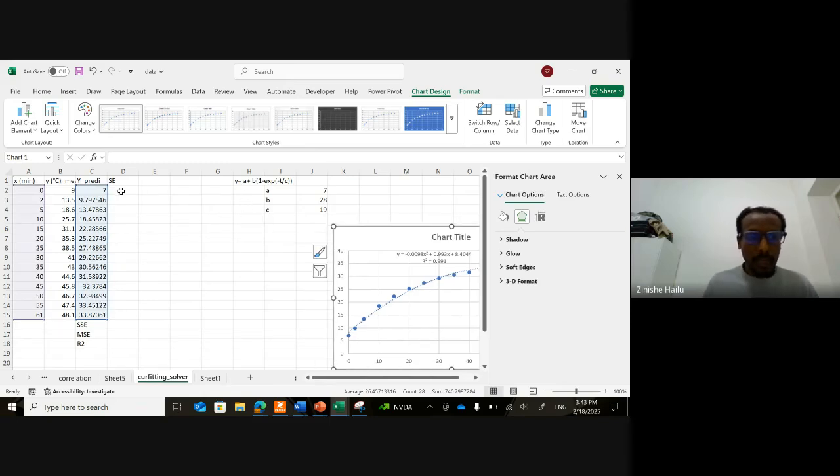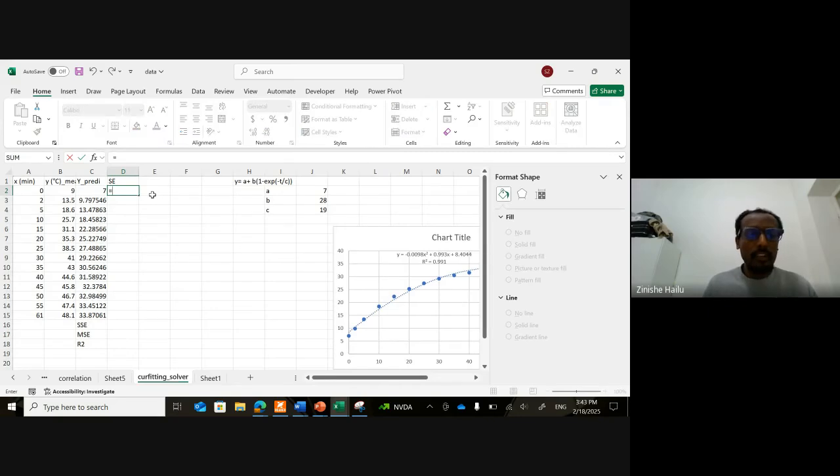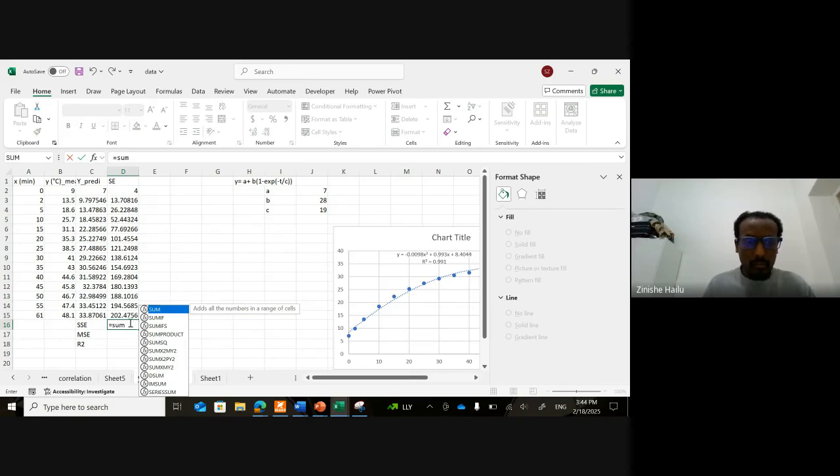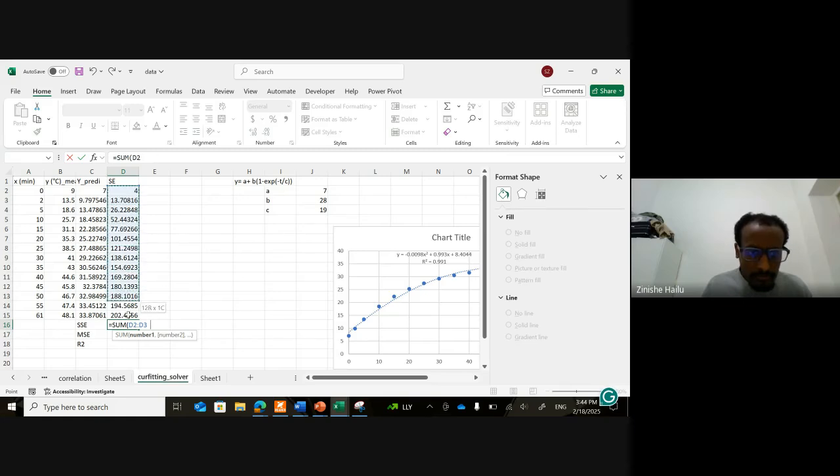After that, we have to make the sum square error. Sum square error is the measured value minus this predicted value, the whole square, and then we sum this.